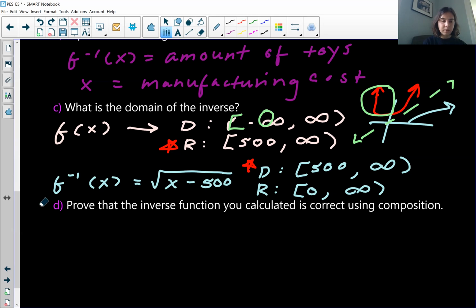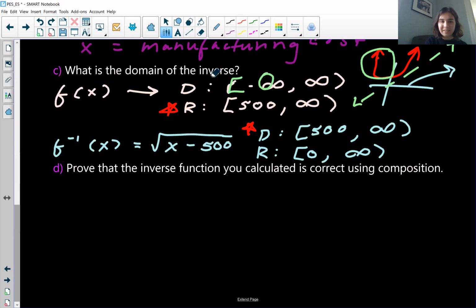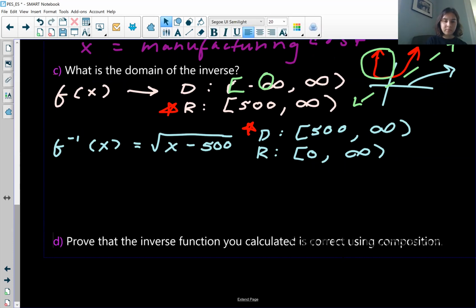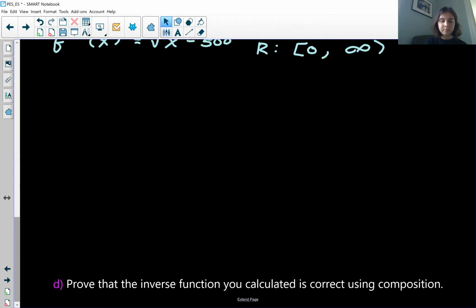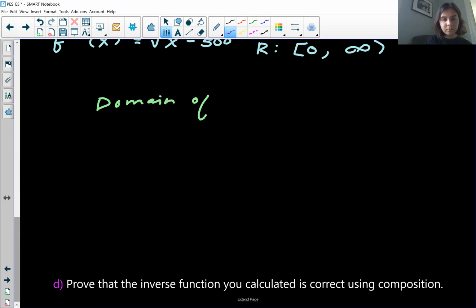So I don't know where I'm gonna write this, but I'm gonna select, give myself some room here. Cool. All right. So here's how I would write this. The domain of f inverse of x is going to be from 500 to infinity. 500 is included in that bracket.